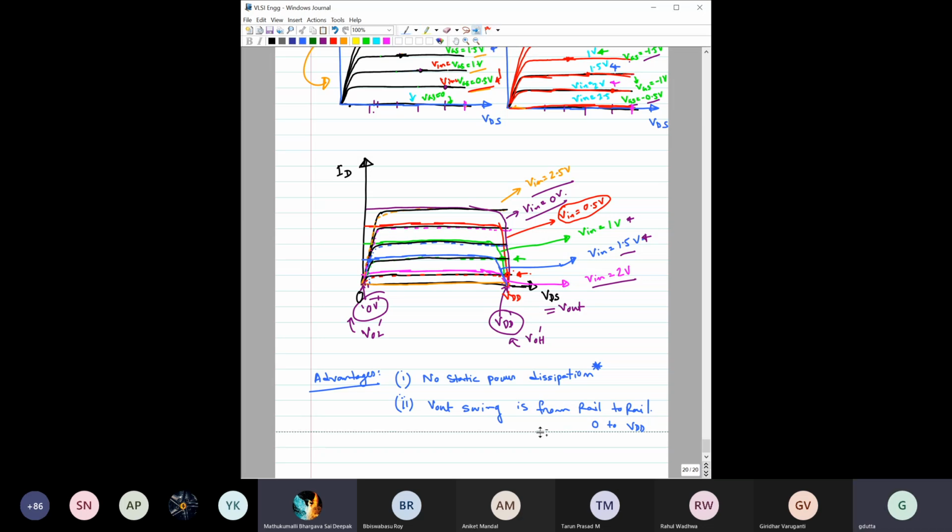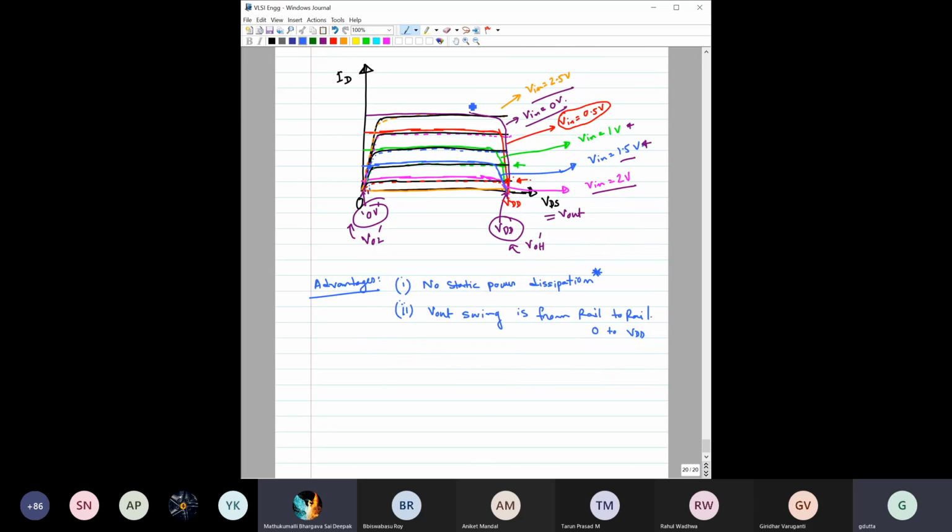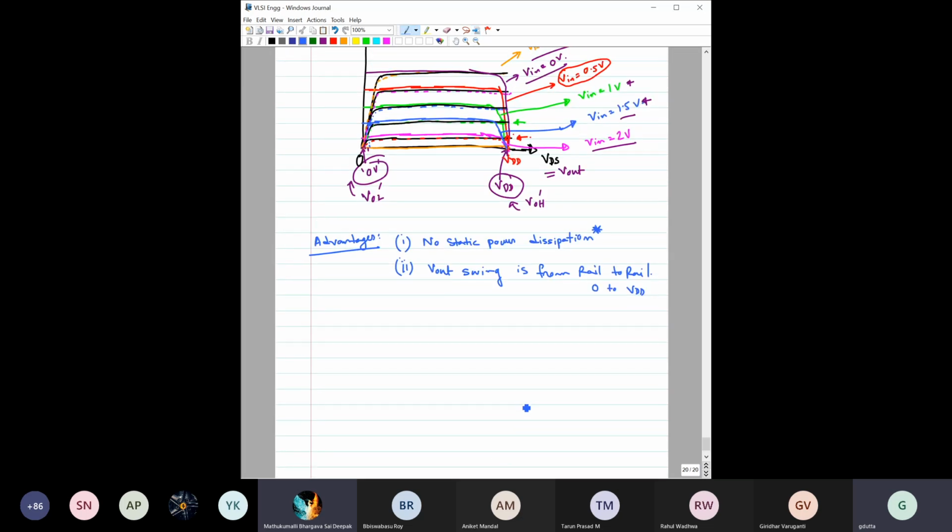So from here, I think now it's time to draw the voltage transfer characteristics based on this diagram, right? So what will be the voltage transfer characteristics for the CMOS? V output, V in.